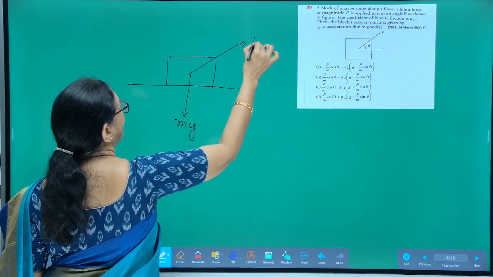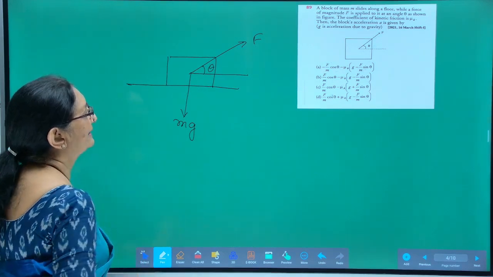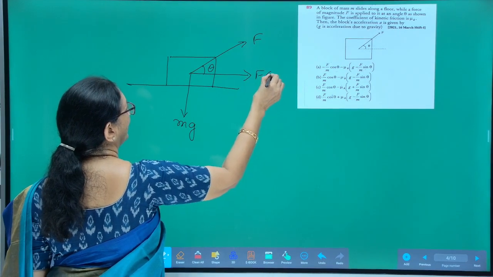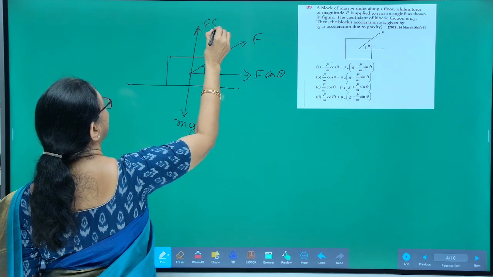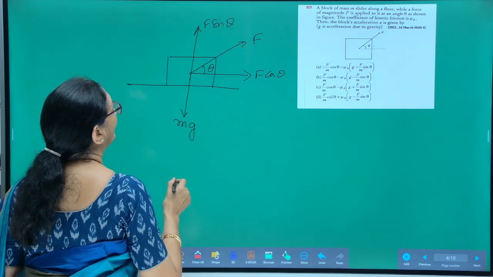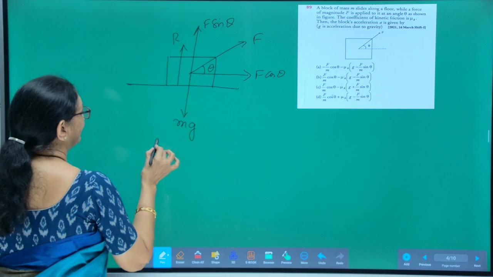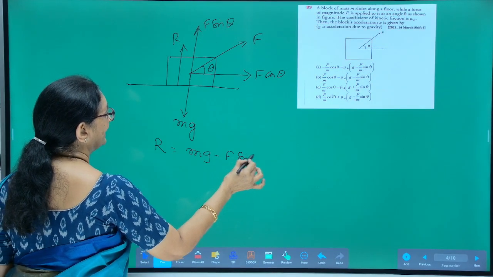A pulling force F is applied at an angle theta with the horizontal. Its component along the horizontal is F cos theta, its component along the vertical is F sin theta. So, as a result, the normal reaction here created is mg minus F sin theta.